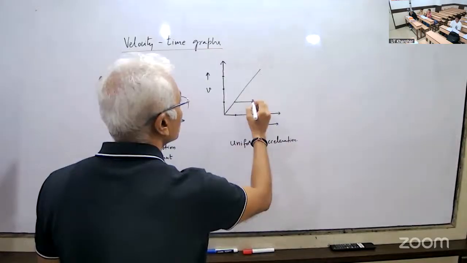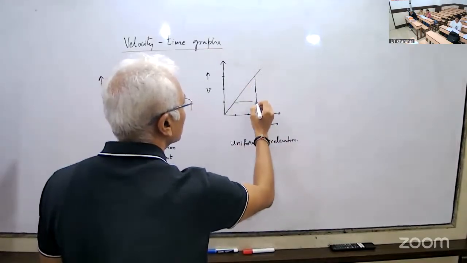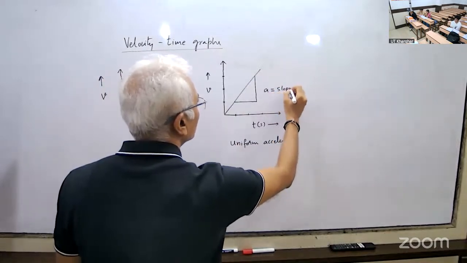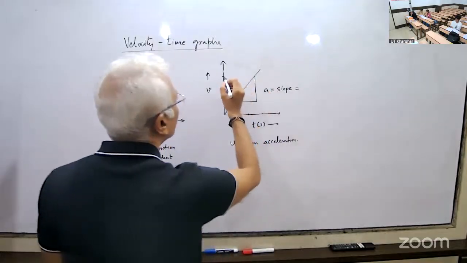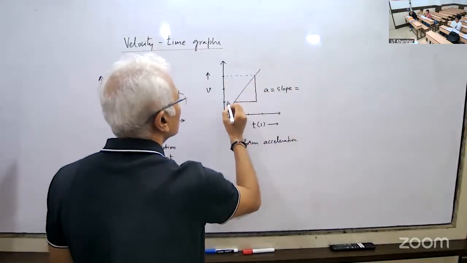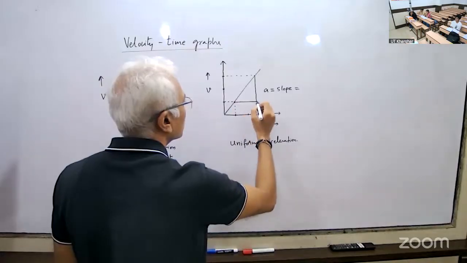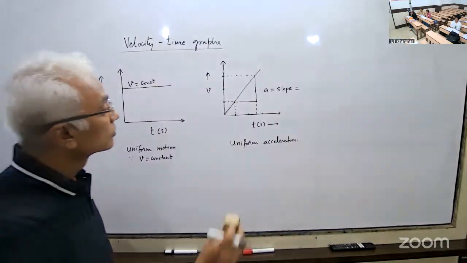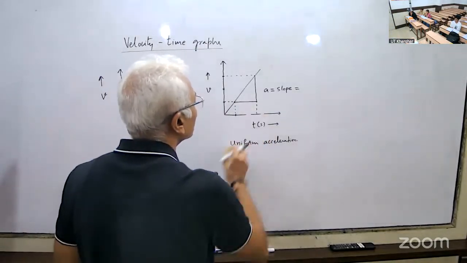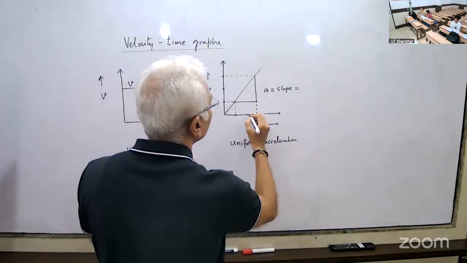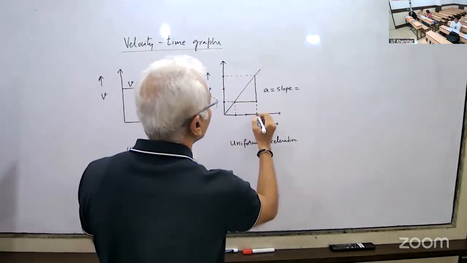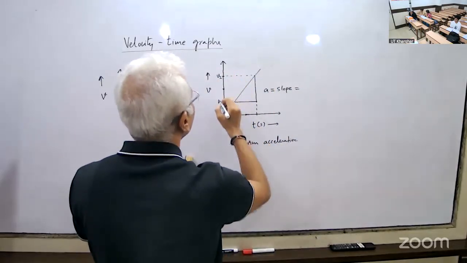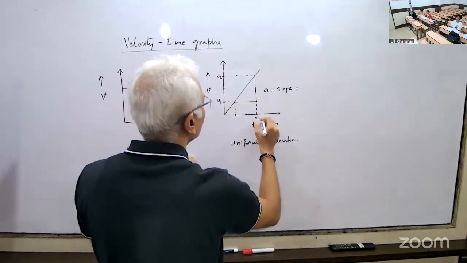Okay, so in this case, what is the acceleration? Acceleration is equal to slope. And this is equal to, what is it? This is V2, this is V1, this is T2, this is T1.